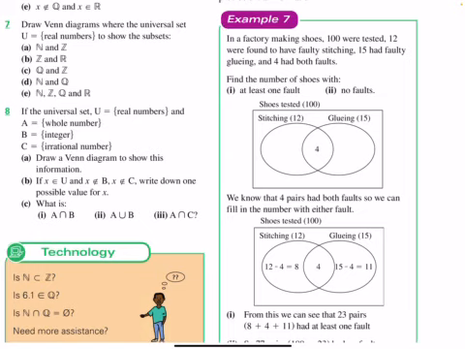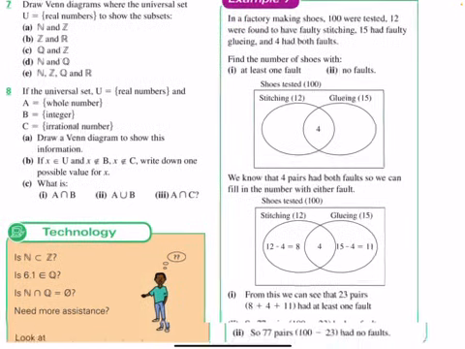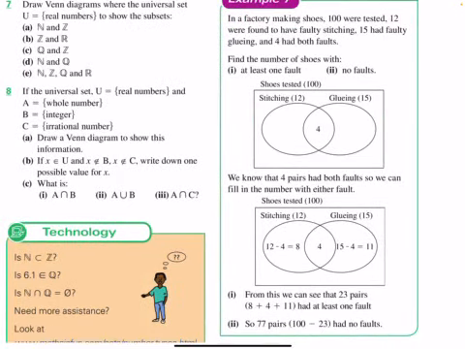Find the number of shoes with at least one fault. One fault meaning either gluing or stitching. How many shoes had one fault? So they needed to have only faulty stitching and only faulty gluing.